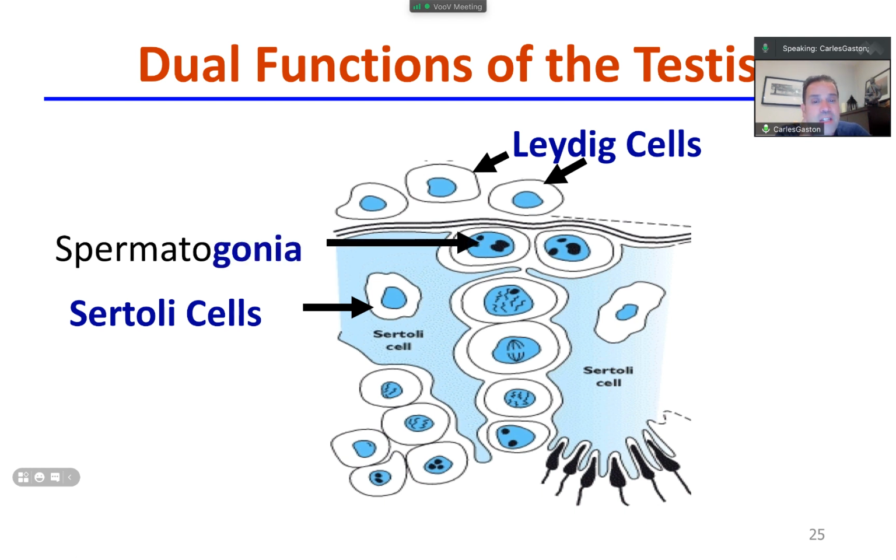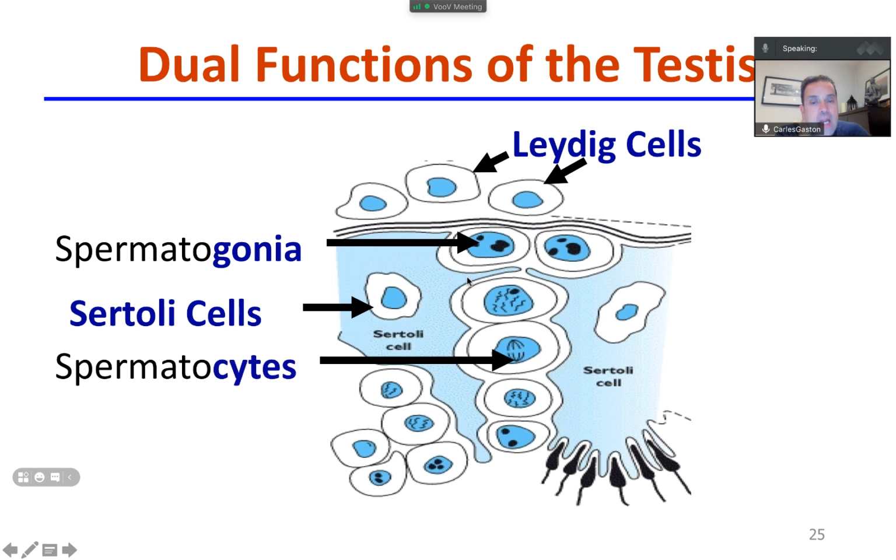This starts with a cell which is undifferentiated at the basal membrane, in conjunction with a Sertoli cell, called the spermatogonia. The spermatogonia will undergo cellular division and also duplication of their genomic DNA and will form the spermatocyte.